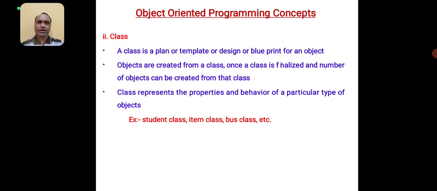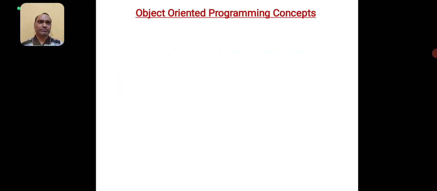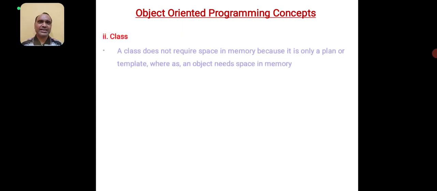Similarly, an object in the computer requires space in the memory. It occupies memory space, whereas a class doesn't require any memory. It doesn't occupy any resources. But an object requires space in the memory.